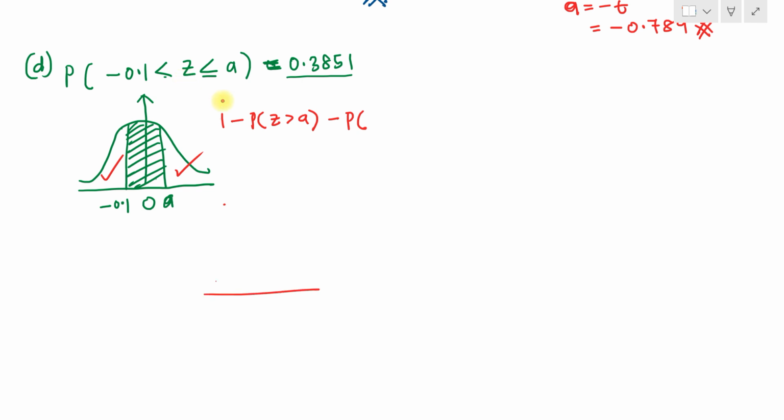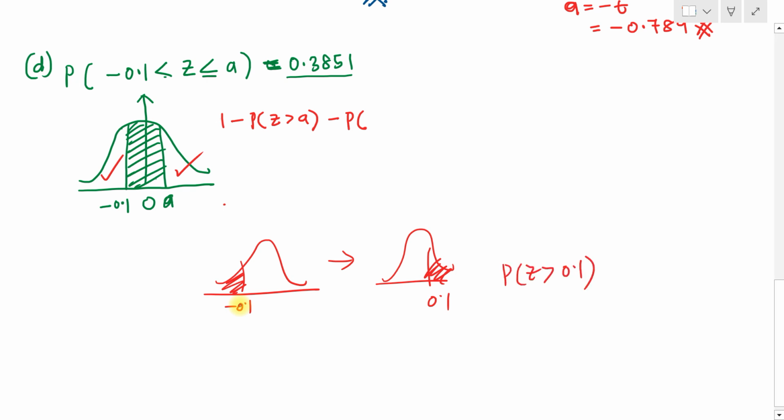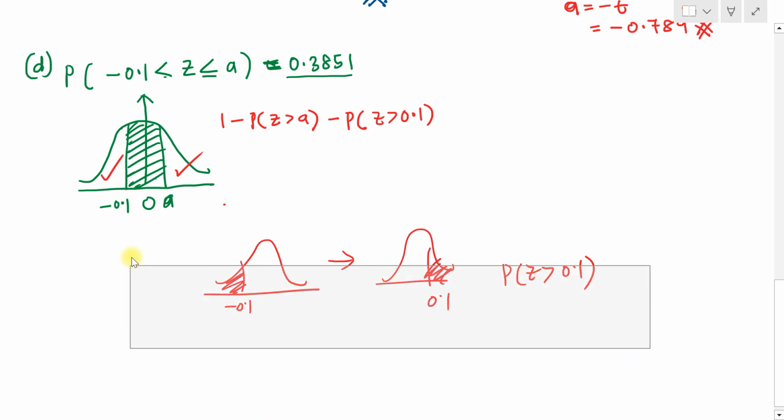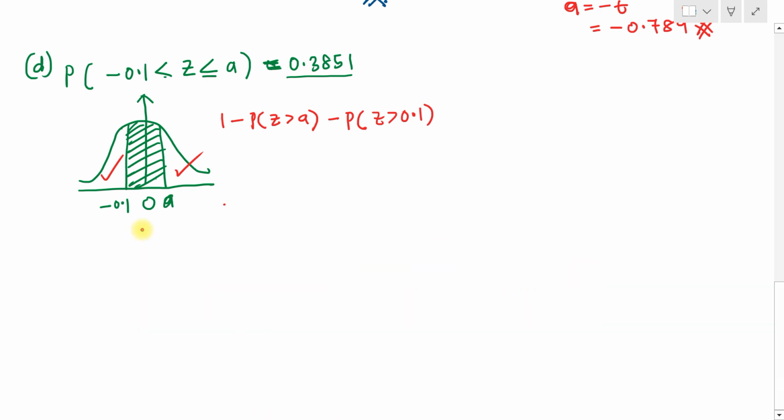Betul tak? Negative 0.1 is what you can read, and then you reflect here. Betul tak? So, dia akan jadi probability Z greater than 0.1. Okay. So, that's it. And then the answer is 0.3851.